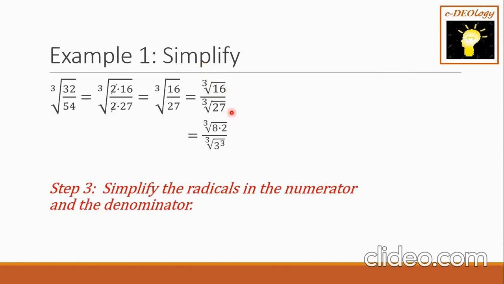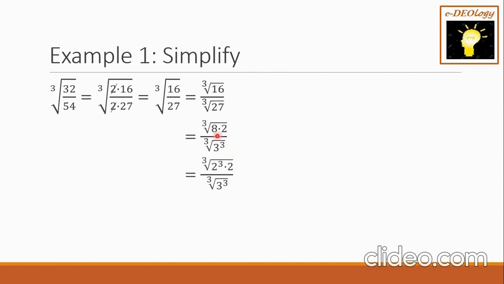So in the numerator, we think of factors of 16 such that one of the factors is a perfect cube. In the denominator, we show 27 to be 3 cubed. And in the numerator, the number 8 we can show to be 2 cubed, and the other factor, 2, will be copied down.